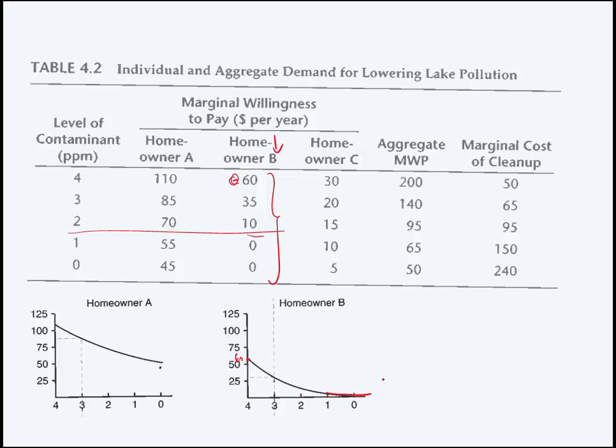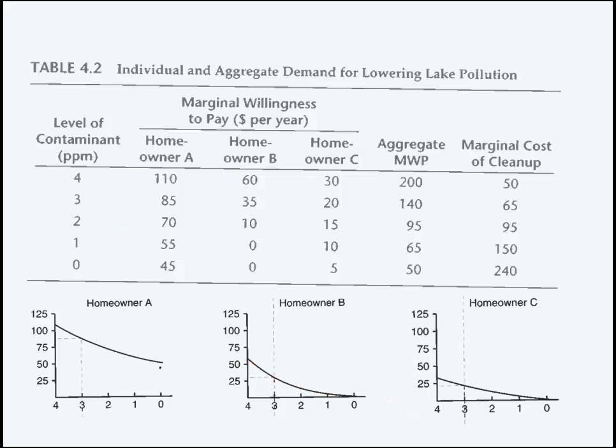So you can see a much flatter and much lower curve than homeowner A. And then lastly, homeowner C, we saw him as well, even more so. He started with a very low demand for cleaner water, but at least he felt till the end he wants to pay something to clean the water all the way to 0 pollutants. And so you can also see a flat line, but it goes on a little bit longer.